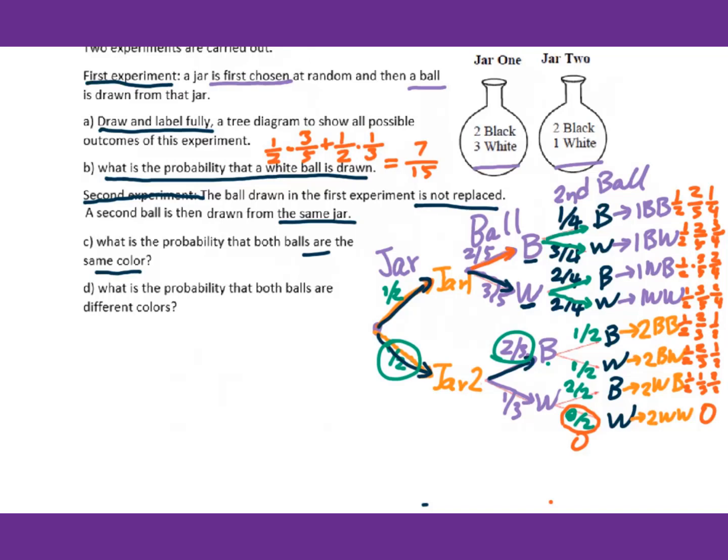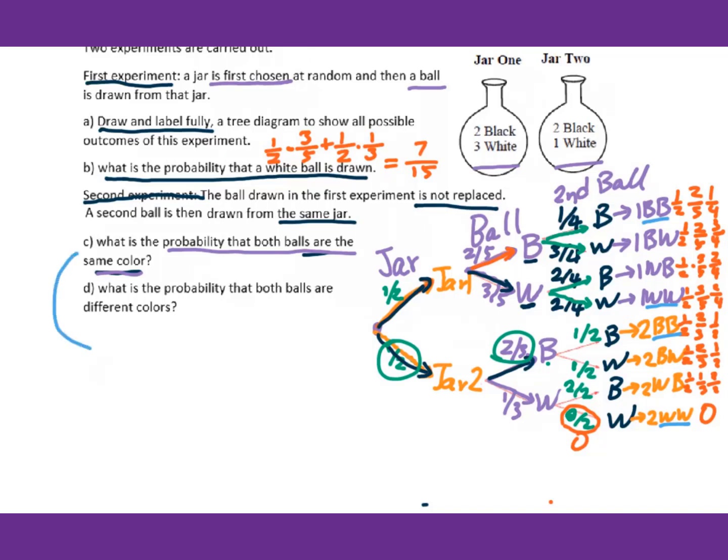For this C, what's the probability both balls are the same color? Which means I'm looking for black, white, black, white. So I add all these 3 probabilities.